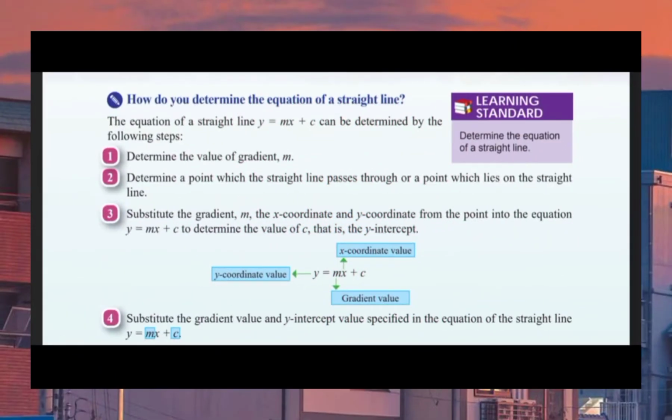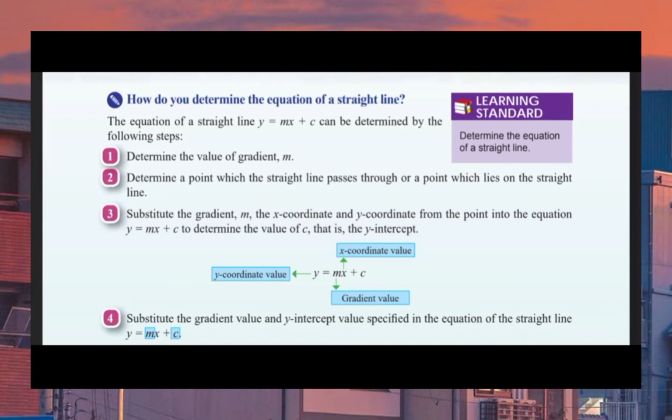The equation of a straight line y = mx + c can be determined by the following steps. First, determine the value of gradient m. Then, determine a point which the straight line passes through, or a point which lies on the straight line.